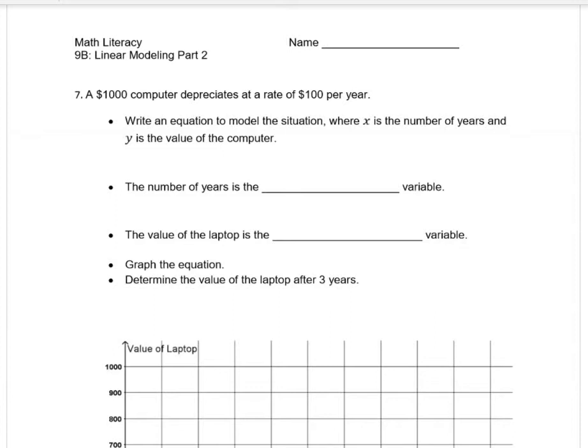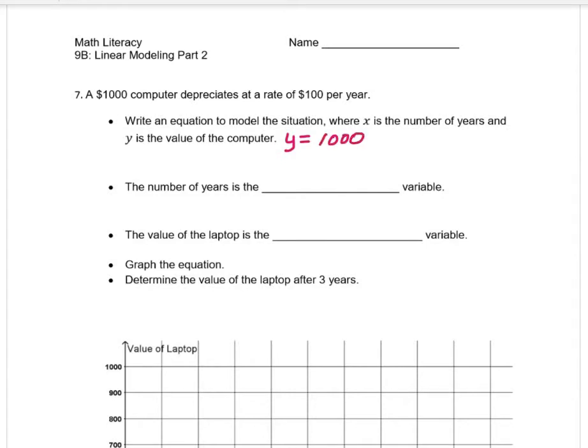Problem 7. A $1,000 computer depreciates at a rate of $100 per year. Depreciates means that the value is going down. Write an equation to model the situation where x is the number of years and y is the value of the computer. I think in this problem, it makes sense to start my equation off with the 1,000, right?